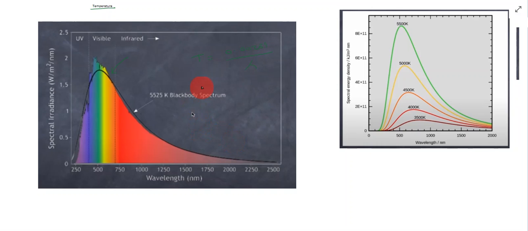With this link between temperature and the wavelength being given off, we can look at this graph, the Blackbody spectrum, and determine the different types of stars based on the light they give off at its maximum point.